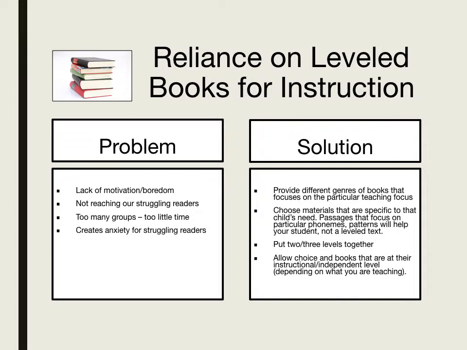Please keep in mind too that levels create a lot of anxiety for our struggling readers. So if you allow choice in books that are at their independent or instructional level or patterns of passages, this will be a lot better and more purposeful for these students.